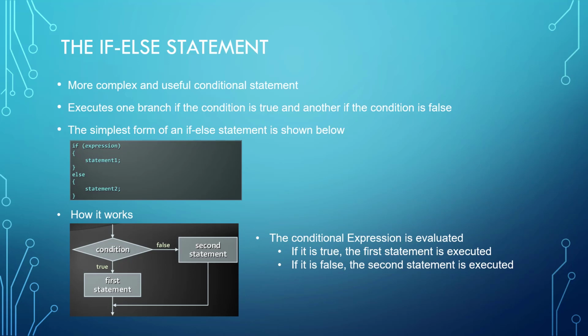However, if that expression evaluates to false, well, then I'll jump into the else block and execute statement 2 instead. So I hope that makes sense. It's very similar to the first. It's just that now we're saying, hey, if this expression is true, then execute statement 1. Else, execute statement 2. Okay. Let's go ahead and move forward. And again, we'll see an example of this as well.